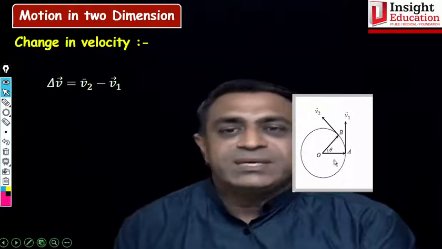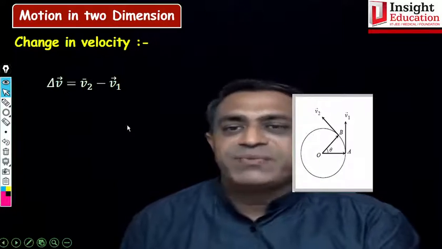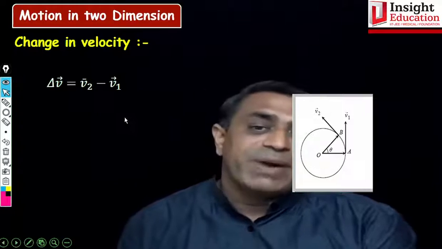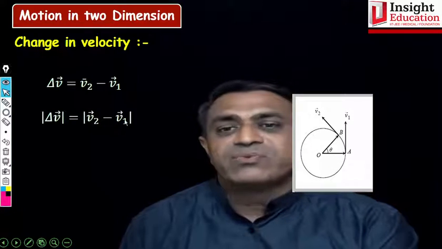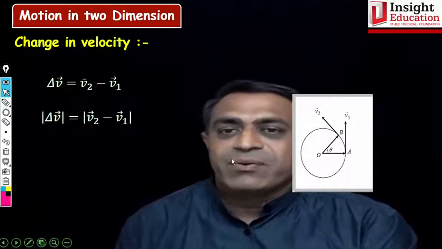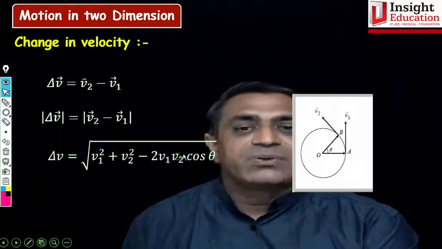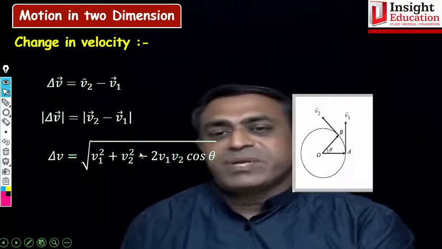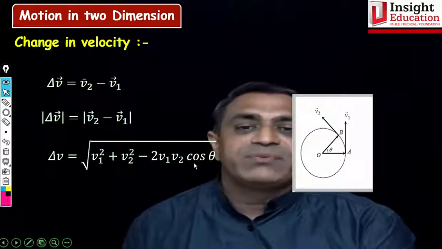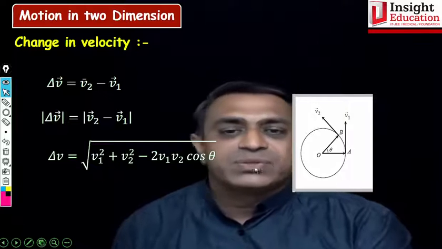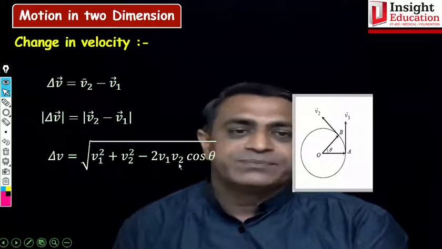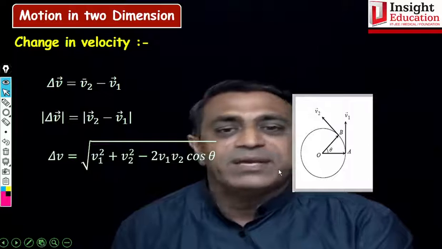Find out the magnitude: the magnitude is mod of V2 minus V1. For vector A minus B, it is under root of V1 square plus V2 square minus 2 V1 V2 cos theta. So you can calculate it very easily.